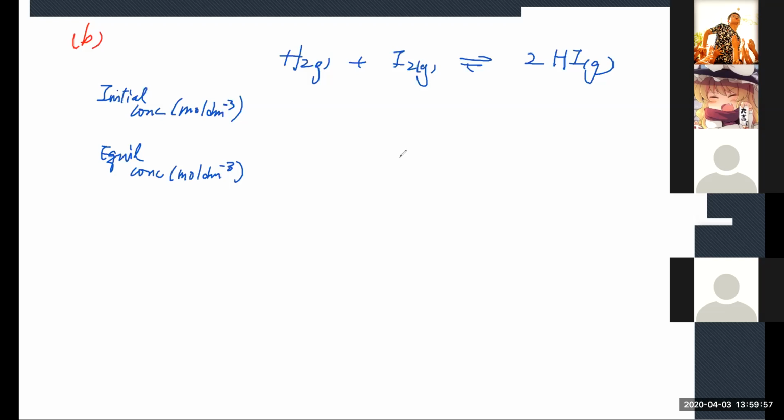You place, you may see the data, right? 0.20 mole of hydrogen. So what is that? It's original concentration.